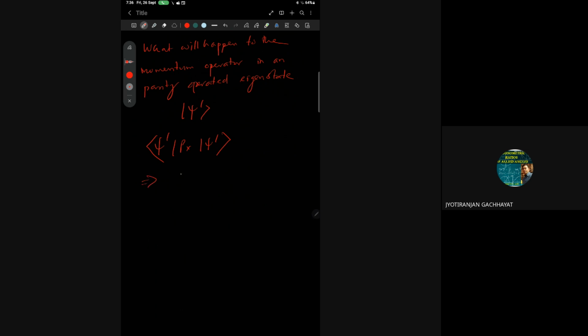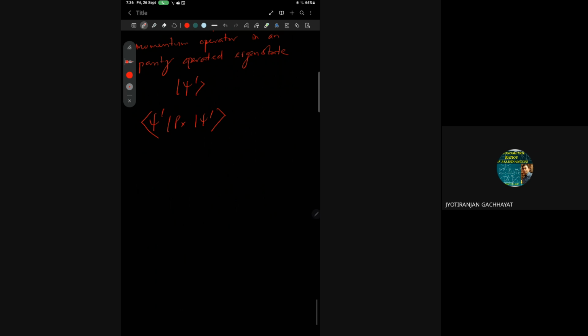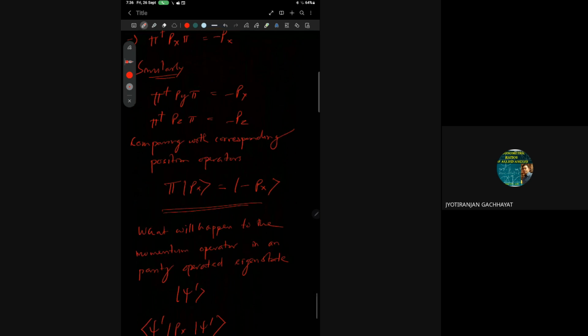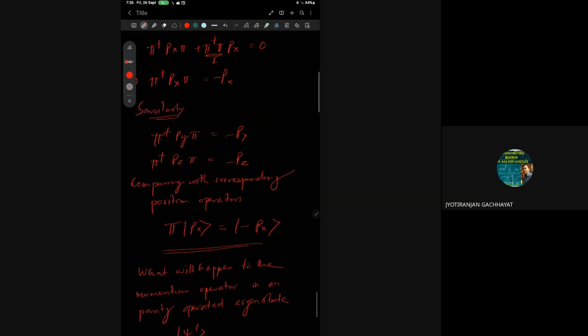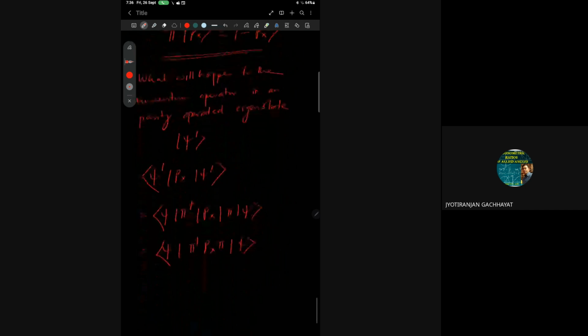Whatever we have done for position, we'll do similar mathematics. So this will be equal to psi pi dagger px pi psi. But from here we know pi dagger px pi is basically minus px.